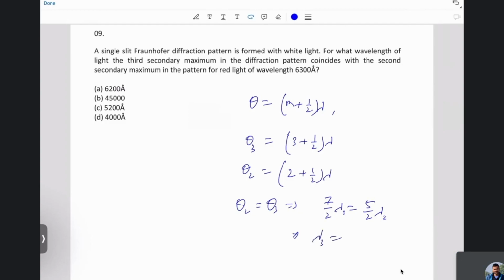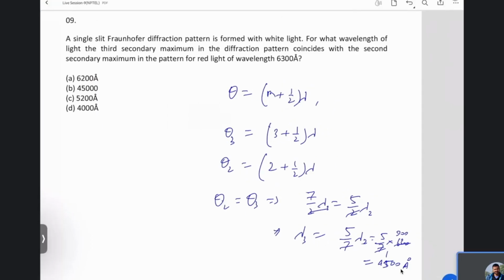So lambda 3 is just 5 by 7 lambda 2, which is 5 by 7 into 6300. So 7 into 900 gives 4500 angstrom.